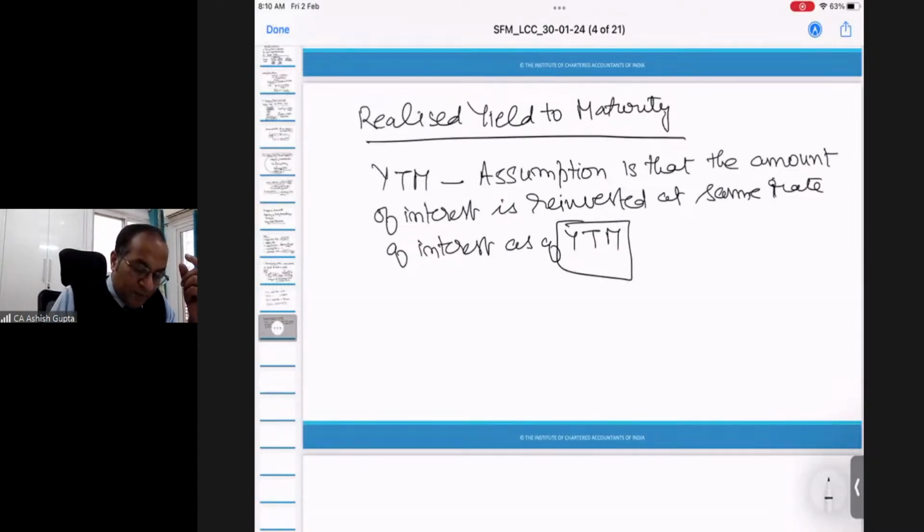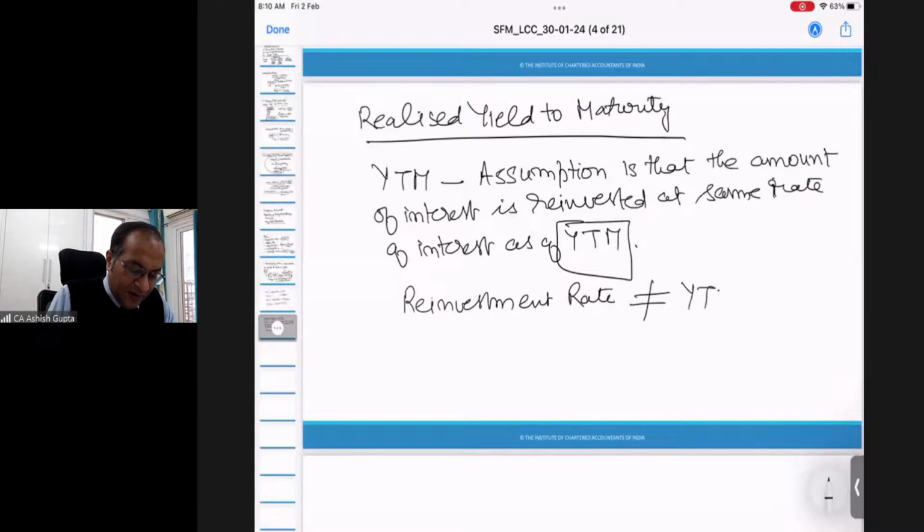However, practically it may be possible that the reinvestment rate may not be the same as YTM. So accordingly, we compute the realized yield to maturity.